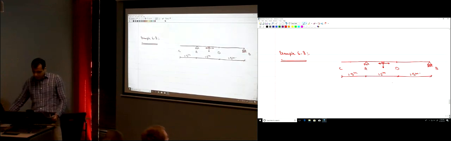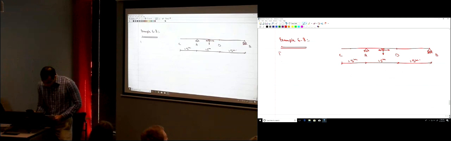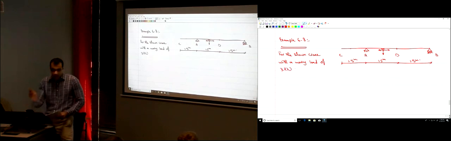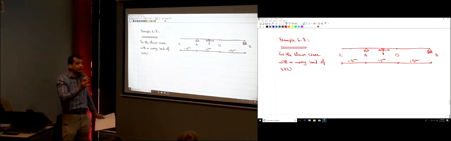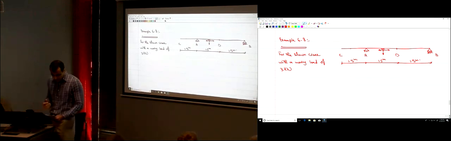So for the problem statement, for the shown crane, with a moving load of 3 kilonewton. So the load of the crane is 3 kilonewton, but it can be anywhere. The load can move along the length of the beam.